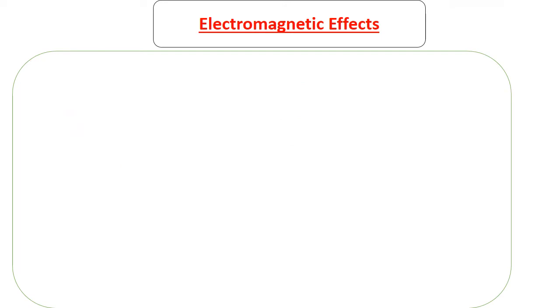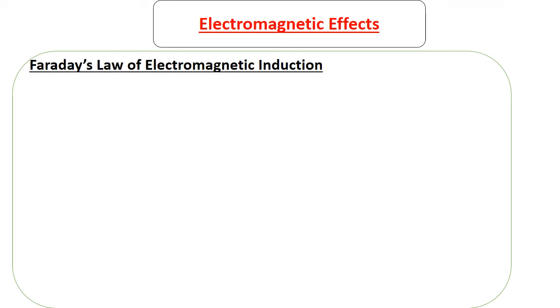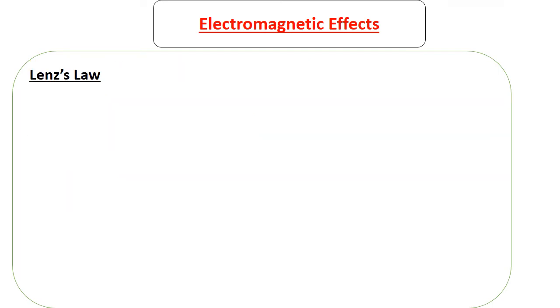The law that relates the strength of the EMF to the rate of change of the magnetic flux is what is called Faraday's law of electromagnetic induction. Next we look at Lenz's law. This is going to be the last law we're going to take a look at.